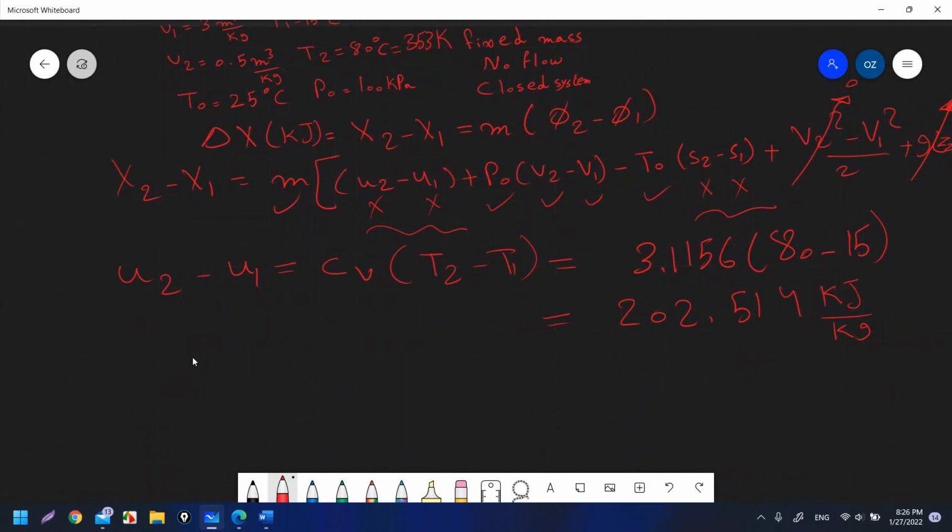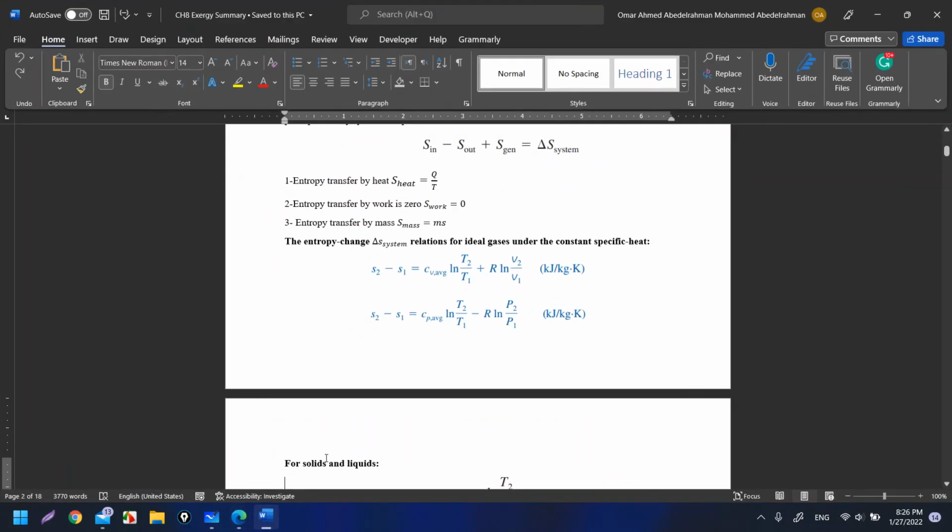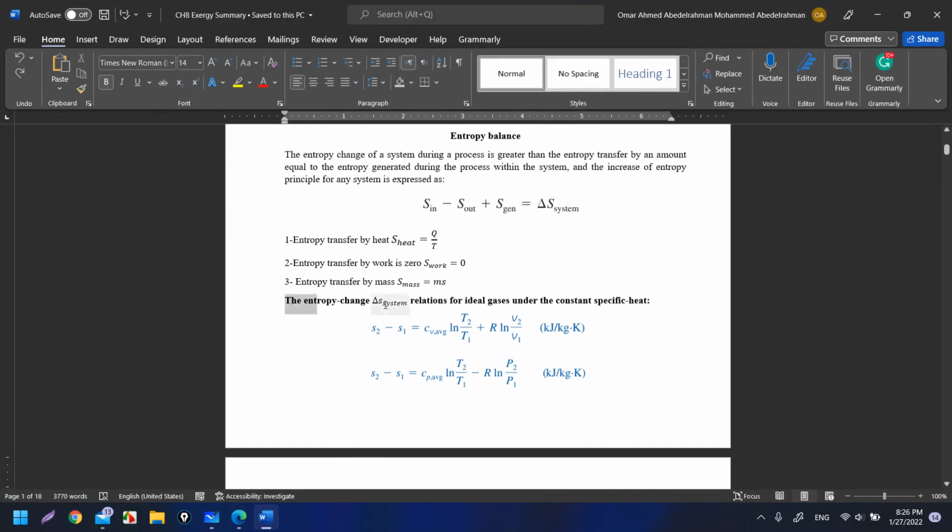Then we need to find S2 minus S1. When it is ideal gas, you have to use these relations, the entropy change relations for ideal gases under the constant specific heat. Why constant specific heat? That is an assumption that you make when you solve any question.